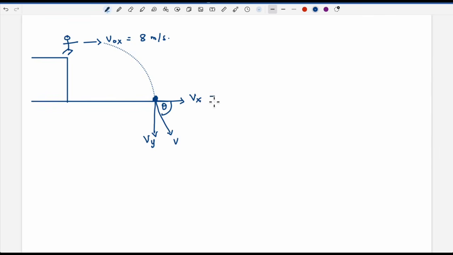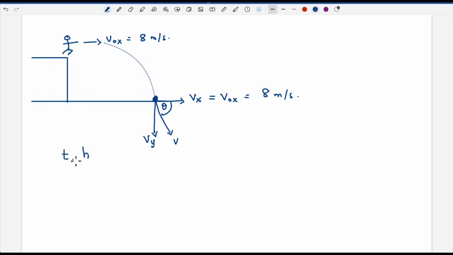So that becomes V naught x, which remains as 8 meters per second. Also, for the vertical speed, we can calculate that using one of these two kinematics equations, because we have both pieces of information, t, the fall time, and h, the height of the cliff.